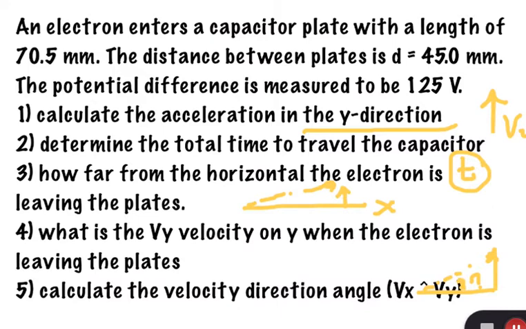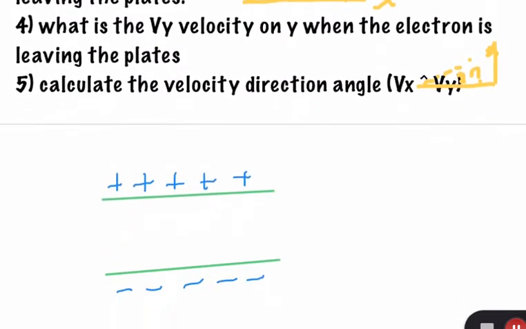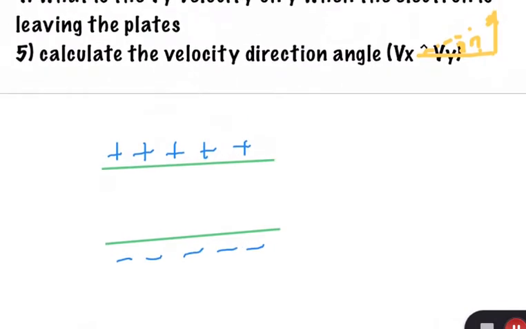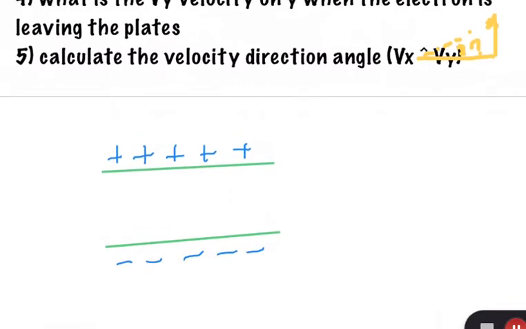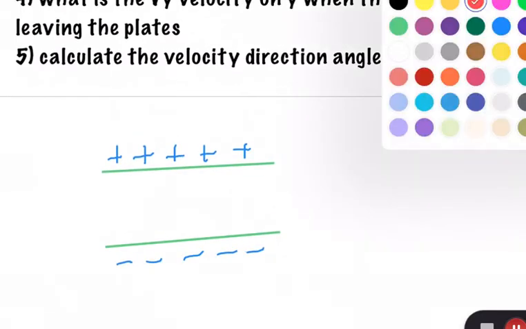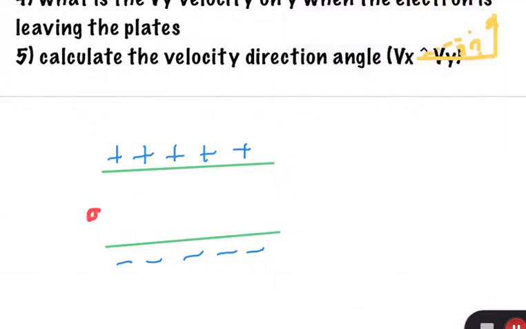Okay, let's start by drawing a sketch of this problem. We have the plates here. Let's put positive charge on the top and negative charge on the bottom. Let's say this is our electron, and it enters the capacitor plates in this direction.